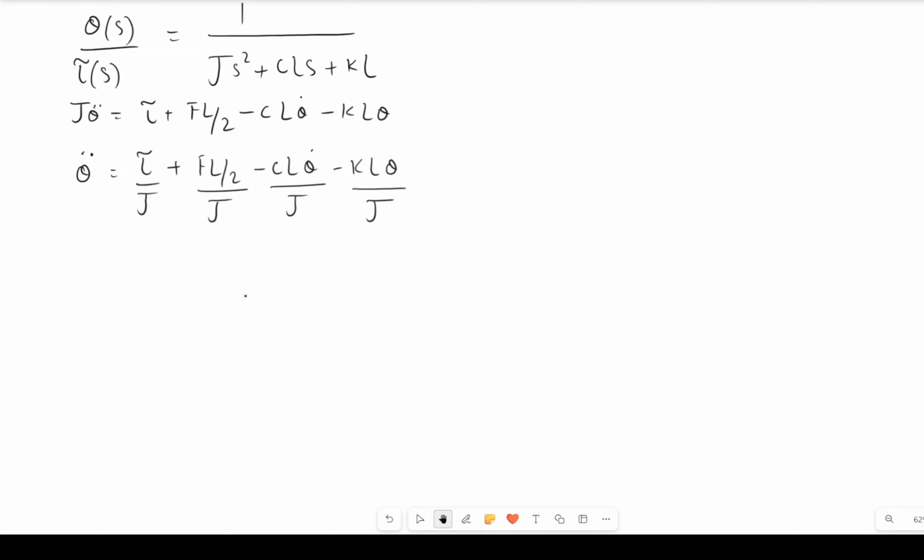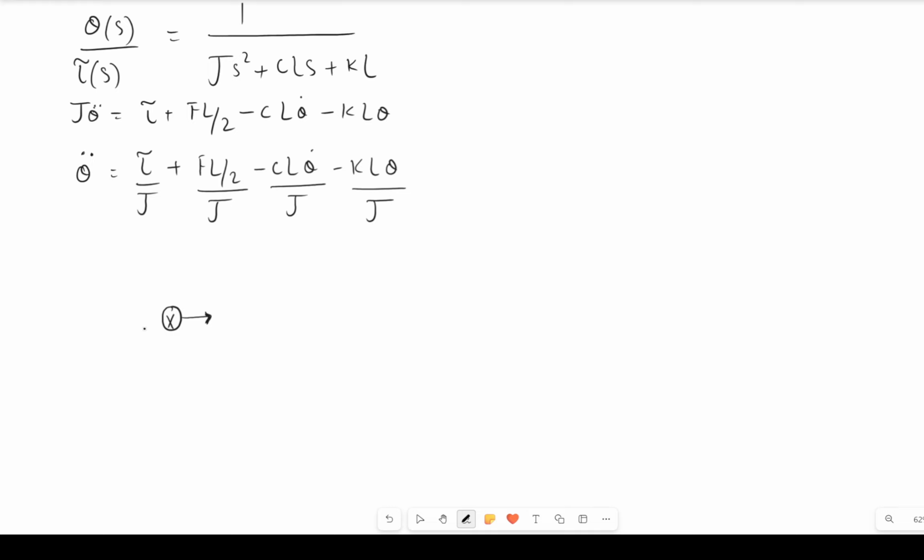Now, to sketch the block diagram, the first thing that we need to do is draw the summer here. After the summer, we basically will get theta double dot.